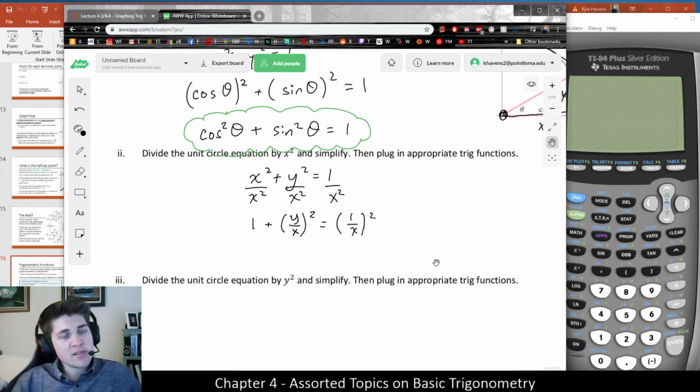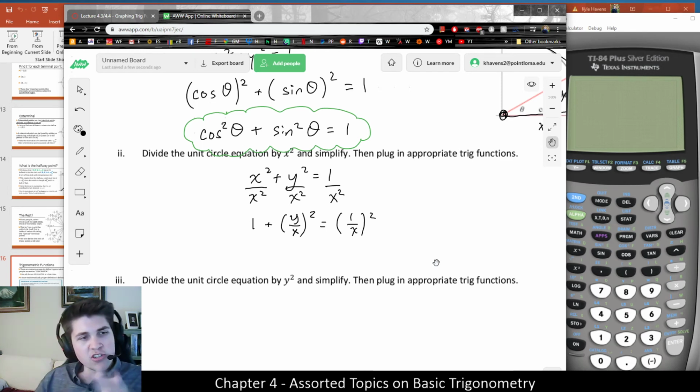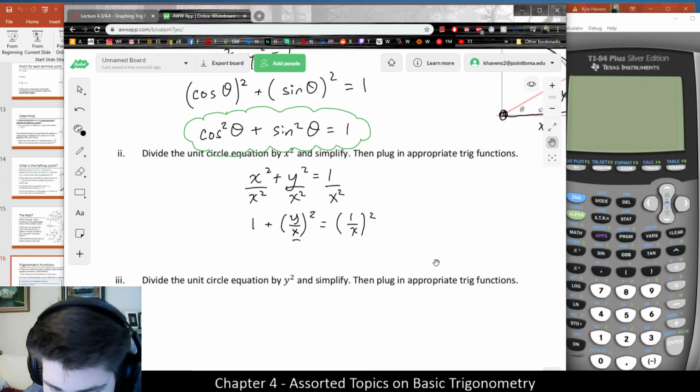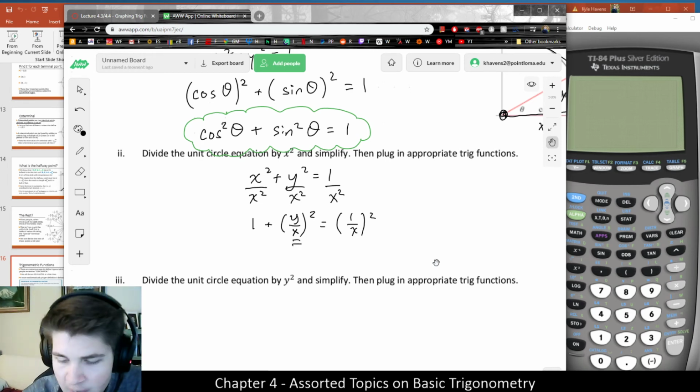What I want you to notice is that it shifts which trigonometric functions we're looking at. Y over x we know to be the tangent function, and 1 over x to be the secant function, because that's the reciprocal of cosine, since cosine is x.